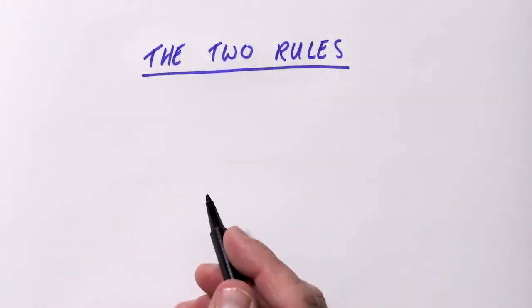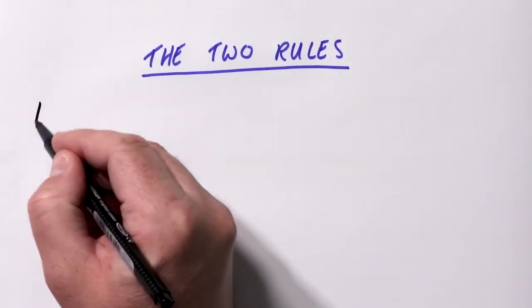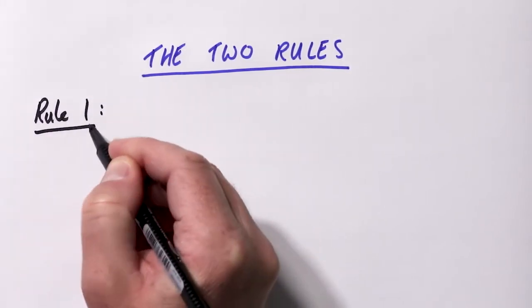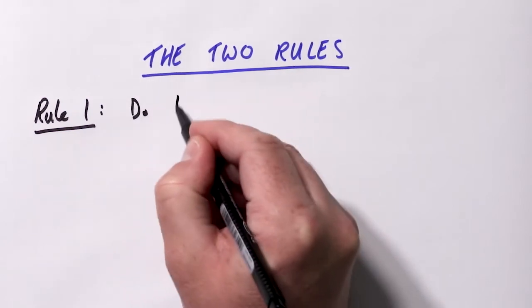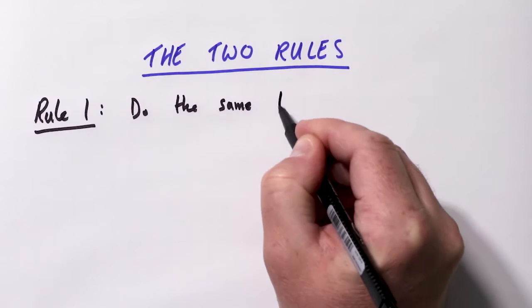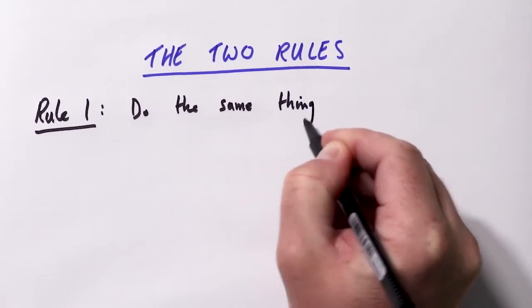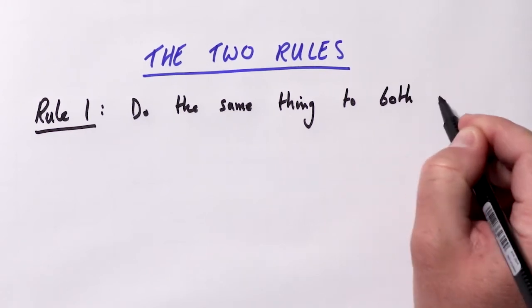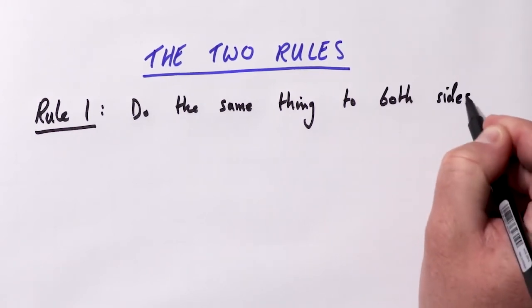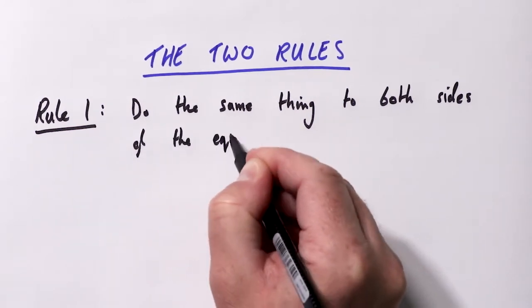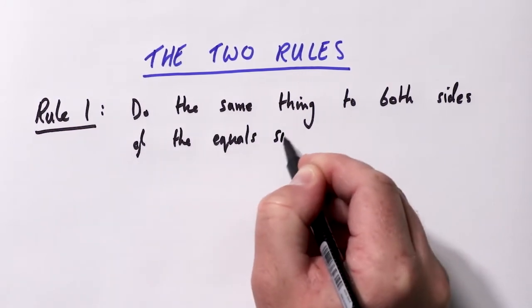So before I do any of these equations, I'm going to write out my two rules. Rule 1: do the same thing to both sides of the equal sign.